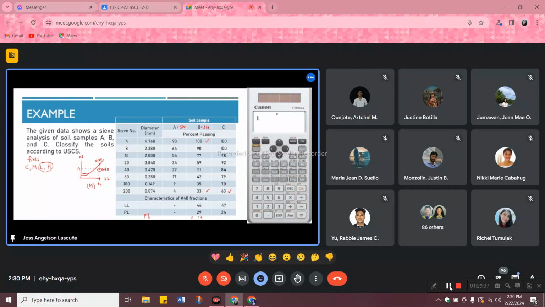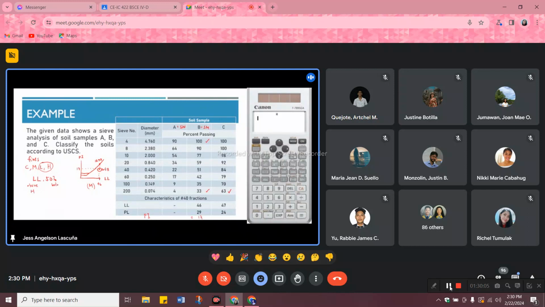So for the second letter, to determine if your soil is low or high plasticity, you must only compare the liquid limit to 50%. If above 50%, then H, highly plastic.